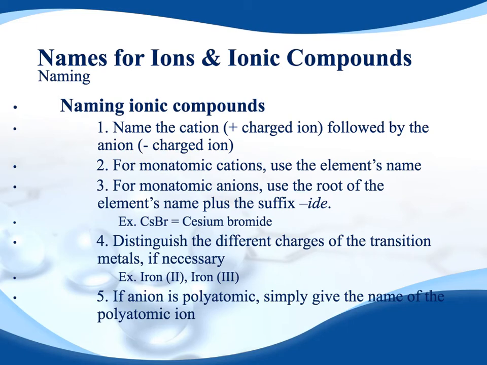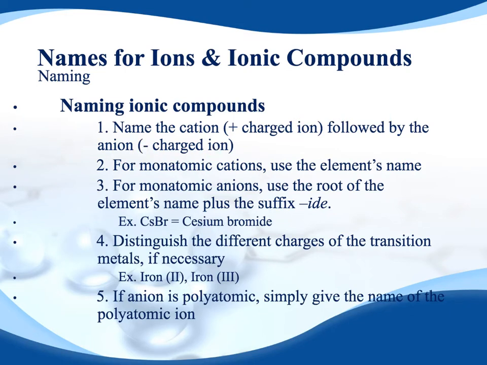As far as actually naming the compounds go, and this is where you're going to need to do the most practice, you want to name the cation first, that is to say the positively charged ion, followed by the negatively charged ion, that is called the anion. The first part of the name is the cation; the second part is the anion.